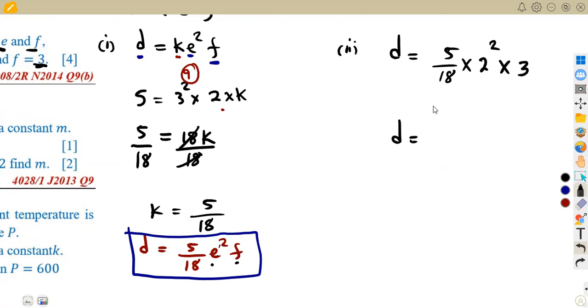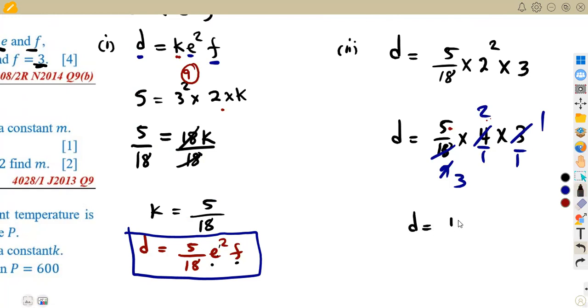So this is going to give us 5/18 times 2 squared. 2 times 2, that is 4, times 3. So you can even reduce: 2 into 18 is 9, and 3 into 3 is 1. So we are ending up with 5 times 2, which is 10 over 3.